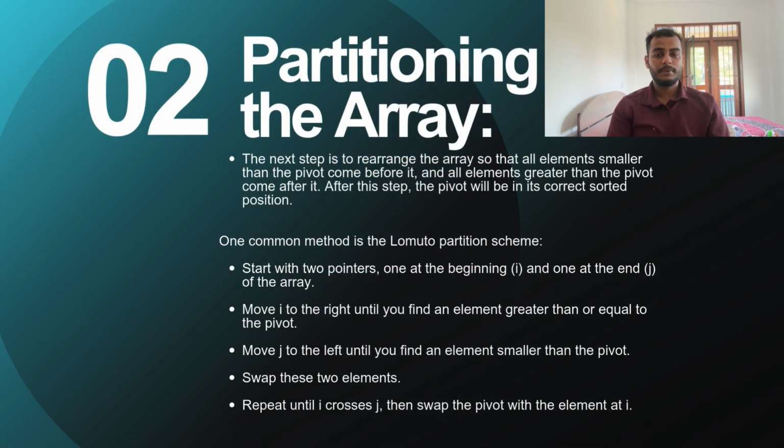And the second step is partitioning the array. Once the pivot is chosen, the array is rearranged so that elements smaller than the pivot go to the left, and elements greater than the pivot go to the right.